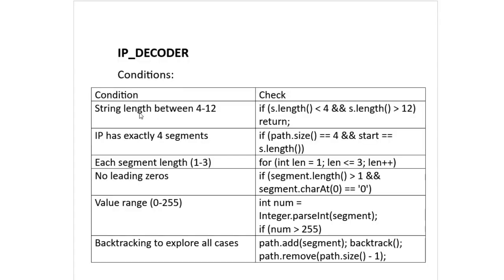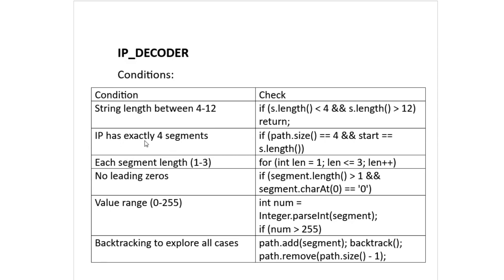Firstly, the string length can only range between 4 and 12. As we know, we have to separate the string into four segments, each of which can have a value between 0 and 255, which means that the segment length can only range from 1 to 3. The minimum length should be 4, as each segment will contain one digit, and the maximum length is 12, as the maximum segment length is 3, so 3 times 4 becomes 12.